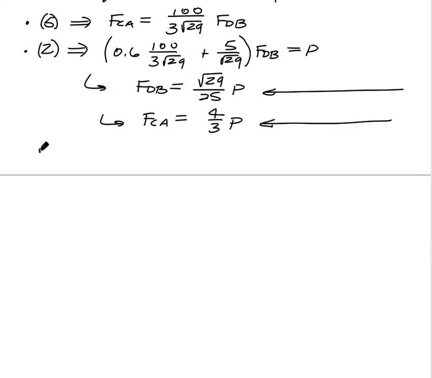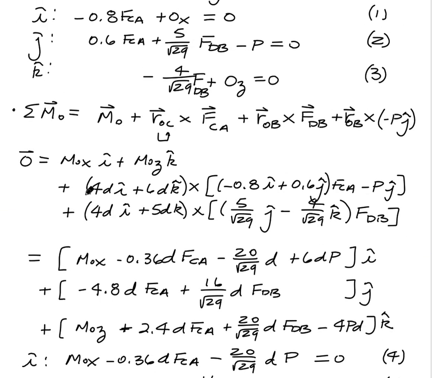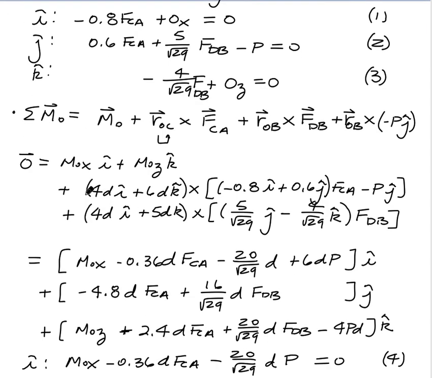If I go to equation 1, equation 1 gives us that OX is equal to 0.8 times 4/3 P, which I just found from FCA, so that's 3.2 divided by 3 P. Equation 3 then can be used to solve for OZ.